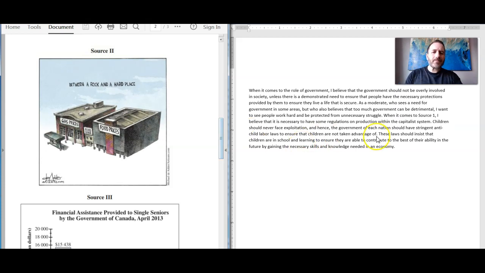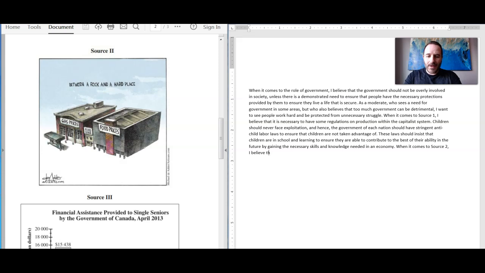Okay, Source 2. Let's continue on with this. When it comes to Source 2, I believe, again, it's a value statement. It's my opinion. That's what I want to see in this.